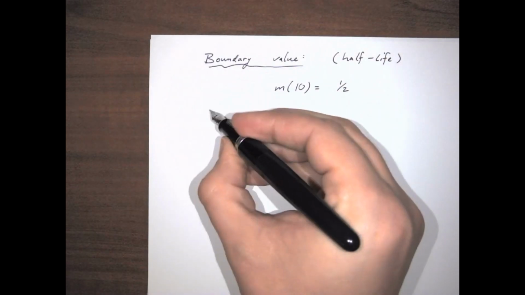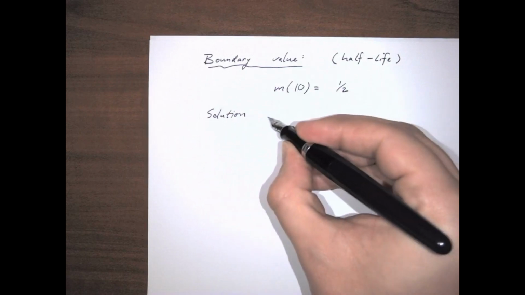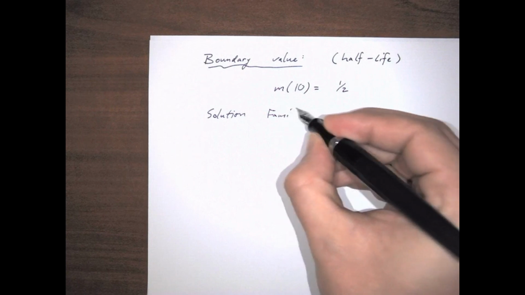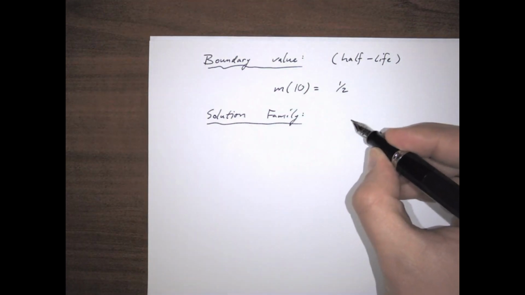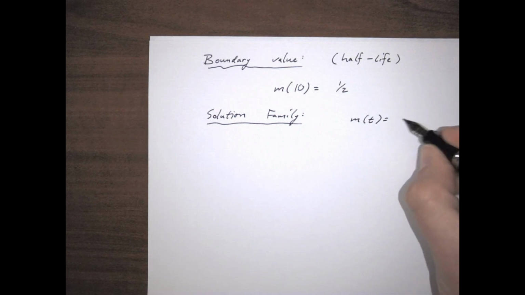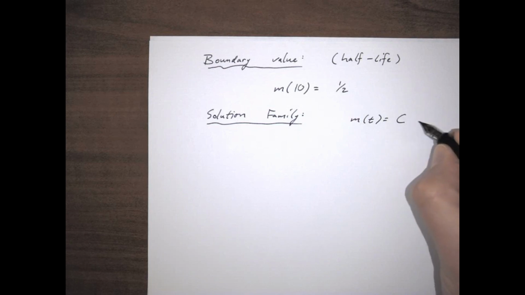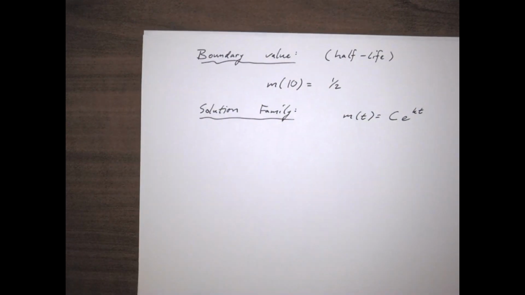Okay, now solution family. Well, we already know that m of t will have to be something of the form c e to the kt. What we don't know are the c and the k.